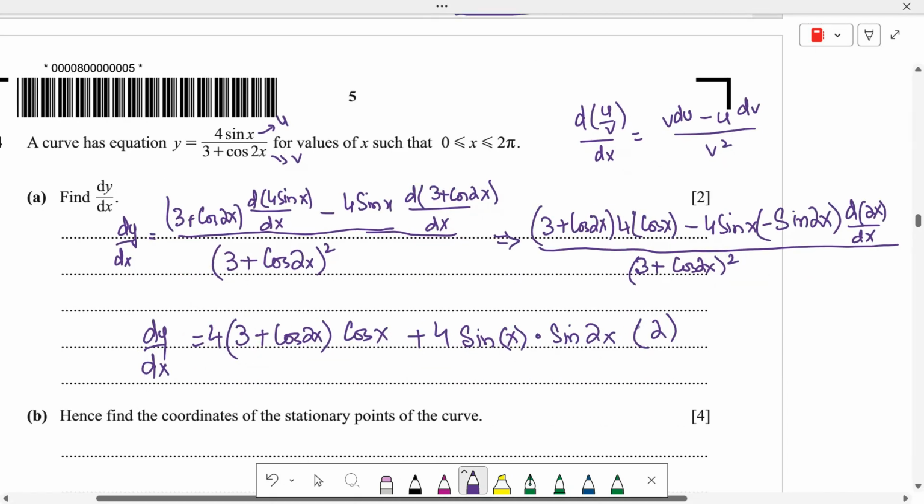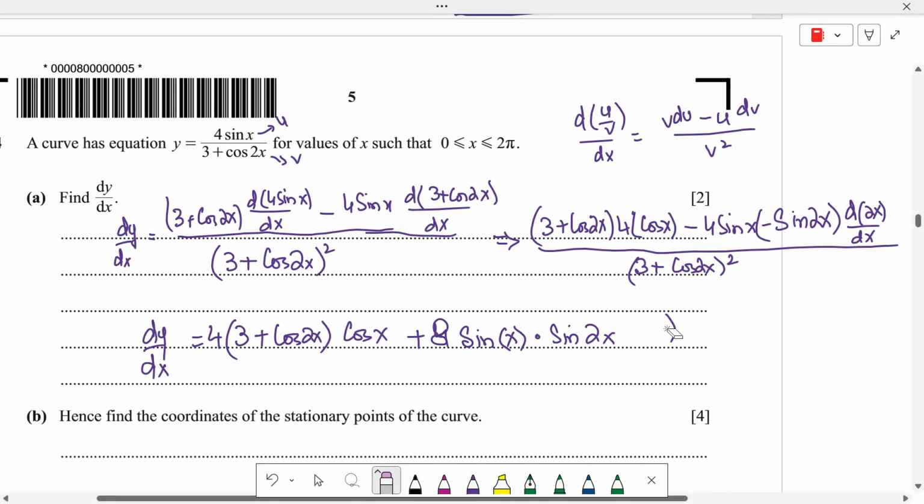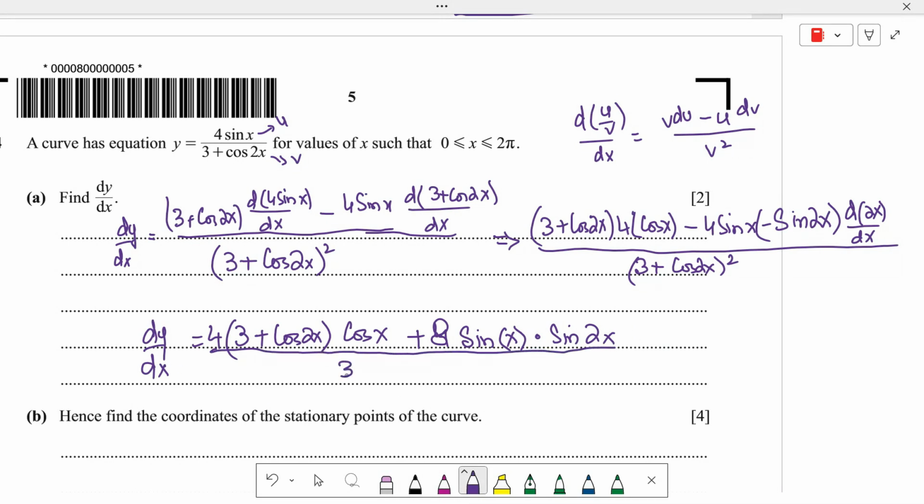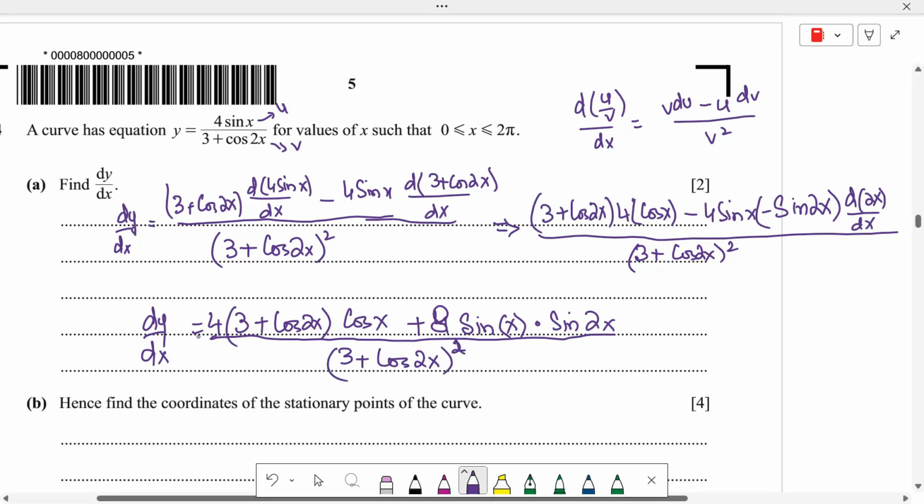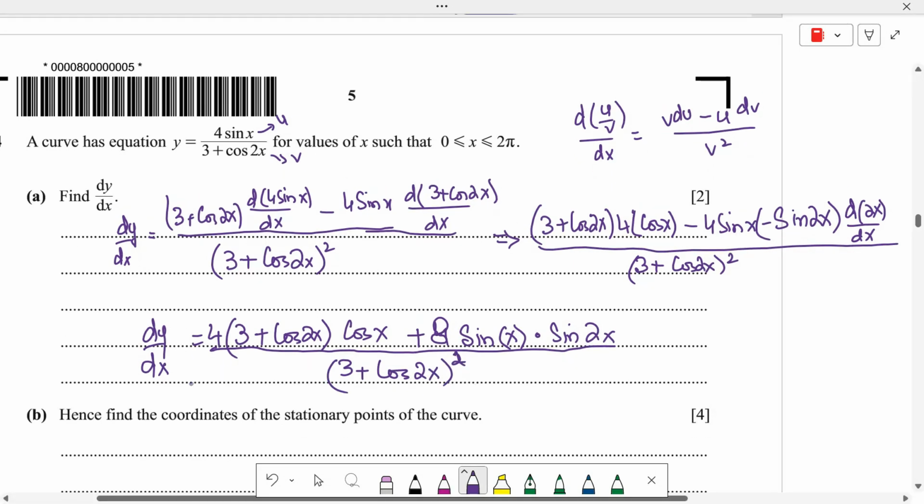If we multiply 4 with 2, we will have 8 here, over (3 plus cos 2x) whole squared. So we have calculated dy/dx.